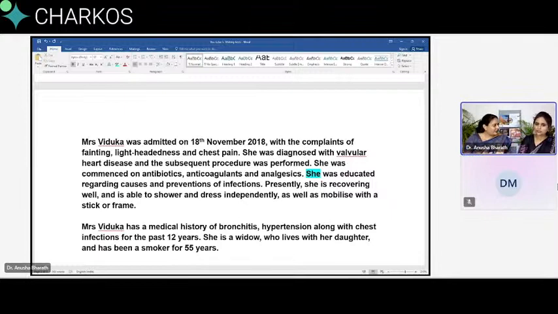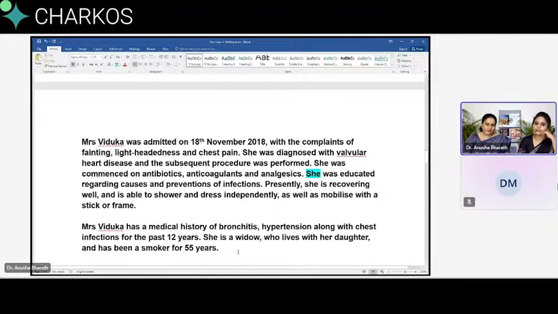We have mentioned everything about her past medical history, which includes bronchitis, hypertension, chest infection. All might have their contributions to her present condition. So we have not eliminated any of the details there. We have included all three conditions mentioned in the case note. And when it comes to the social background, obviously, she no longer drives is something that we have eliminated, because it is of no use and will not fit in here.